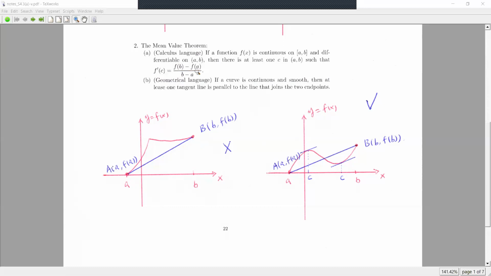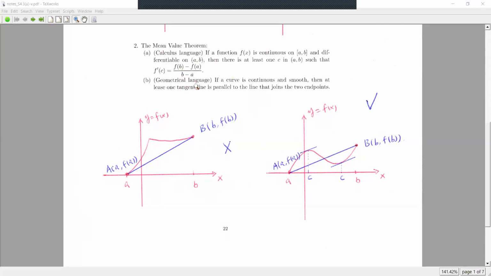Slope is equal to slope. That means that the tangent line is parallel to the broad line. So on this curve, you cannot find a tangent line that is parallel to the broad line, because this curve has a corner, not differentiable everywhere. This is the calculus language about this theorem.